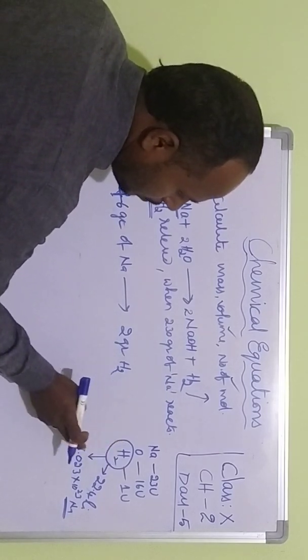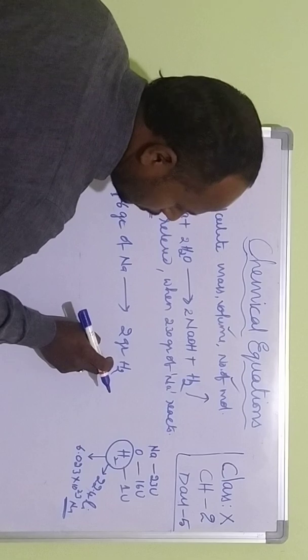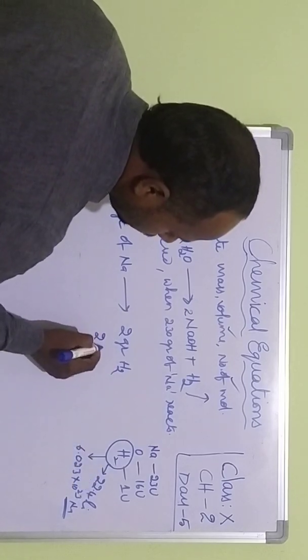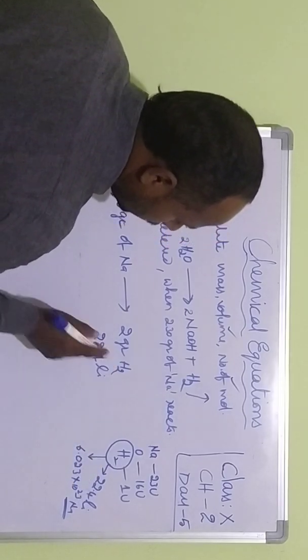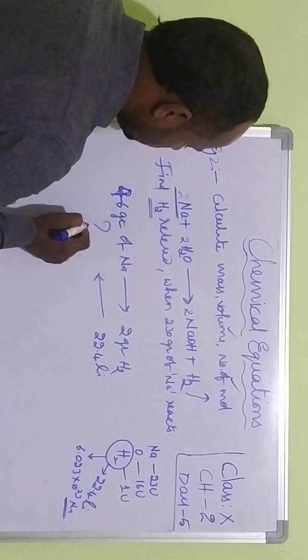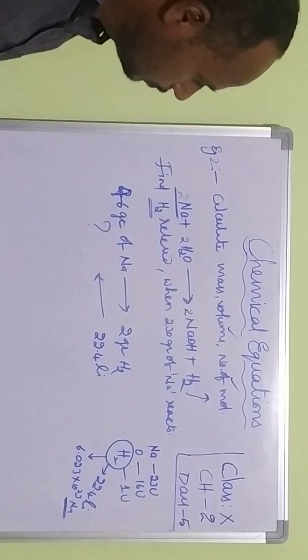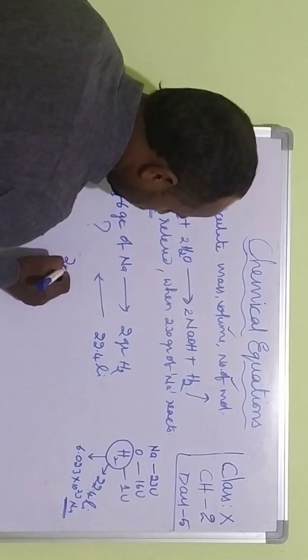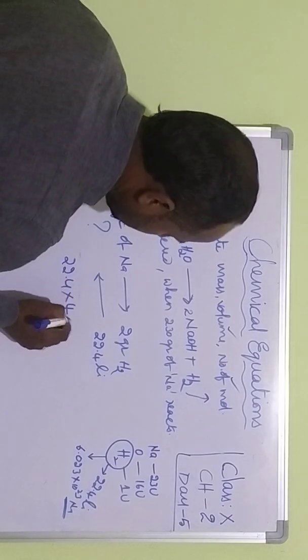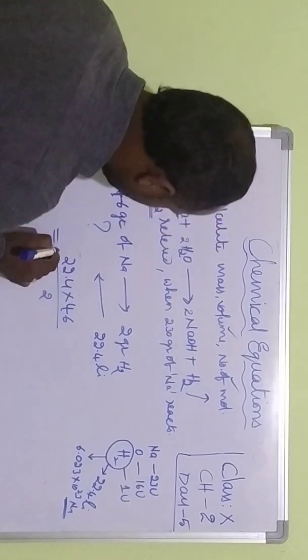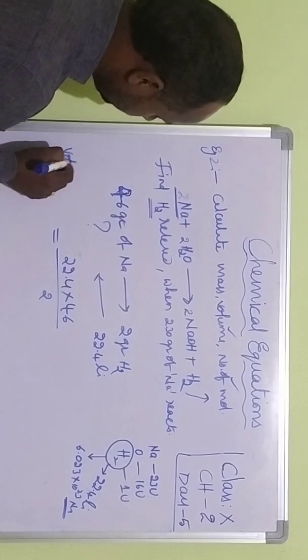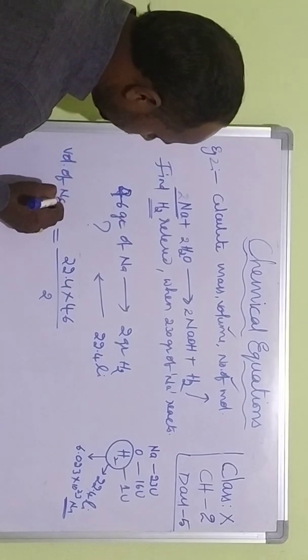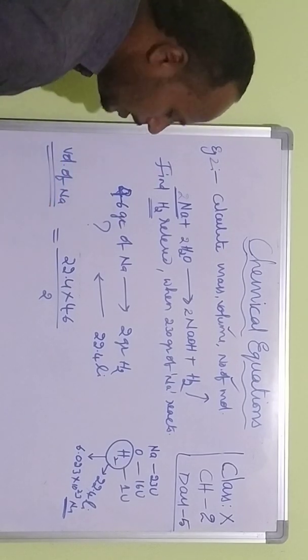We are considering hydrogen, right? If it is hydrogen, 22.4 liters of hydrogen occupies how many grams of sodium? Then we can find 22.4 into 46 by 2, then we can find the volume of sodium occupied.